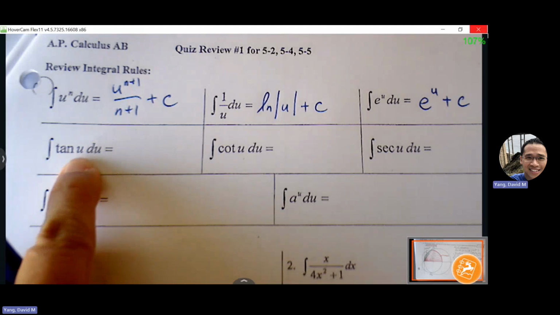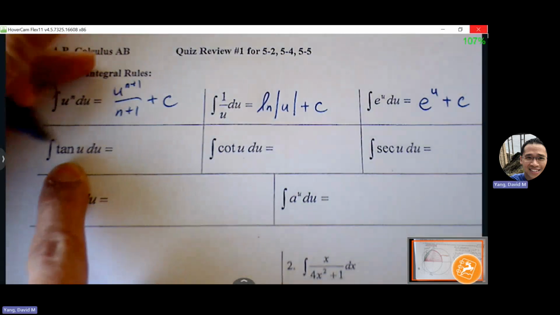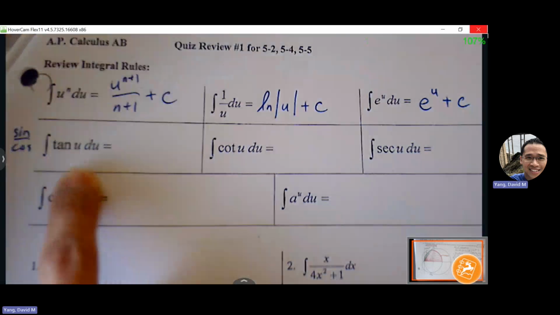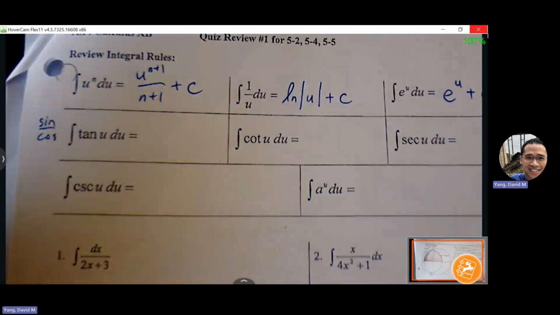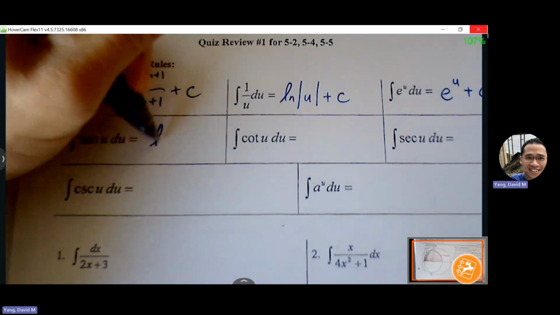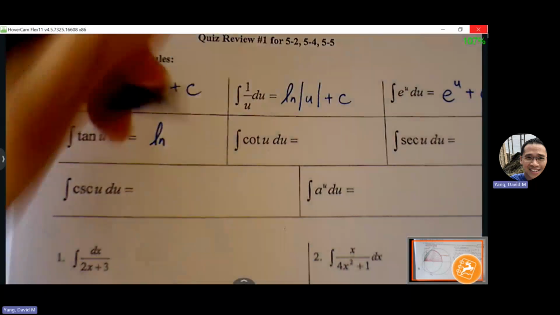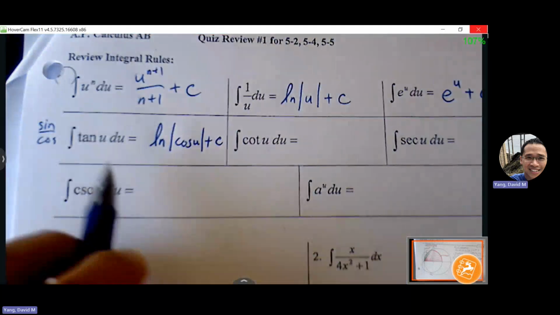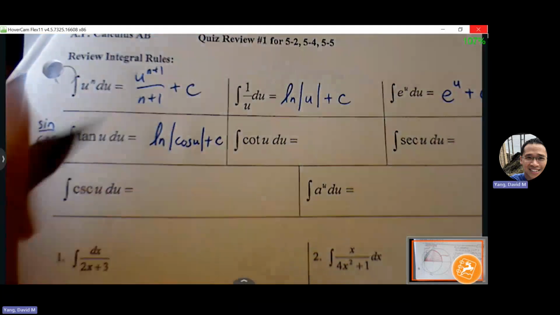All right, tangent. Whenever I see that, I'm just thinking, okay, that's really sine over cosine. And what's going to show up? I know it's natural log. Natural log of what? Of cosine. But this one's a little backwards, so there's something in front: negative.